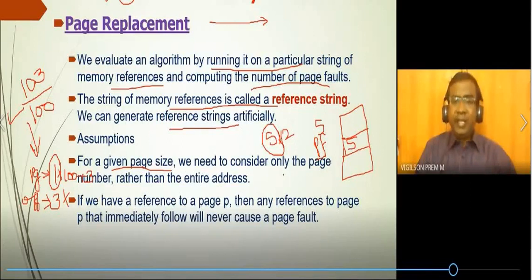Next reference, for example, 575: the page number is 5, which is already available in main memory, so a page fault will not occur. So if a particular page is already available in a frame in main memory, any number of references to that page will not result in a page fault. So when will a page fault occur? Only if it is not available in main memory.